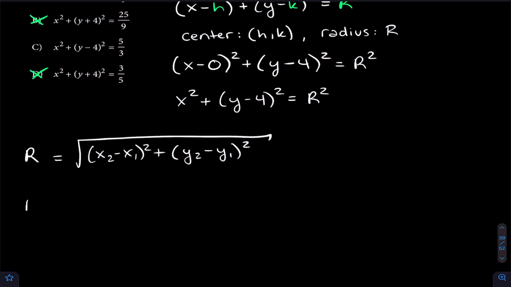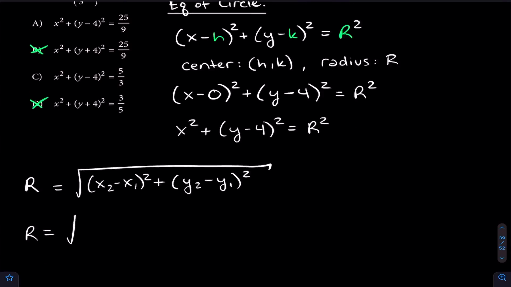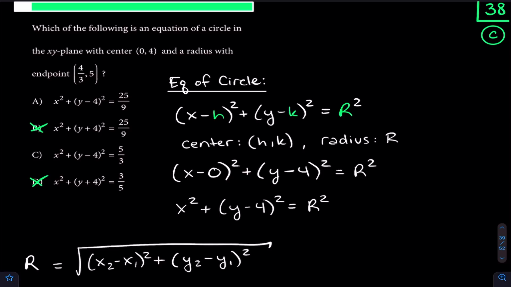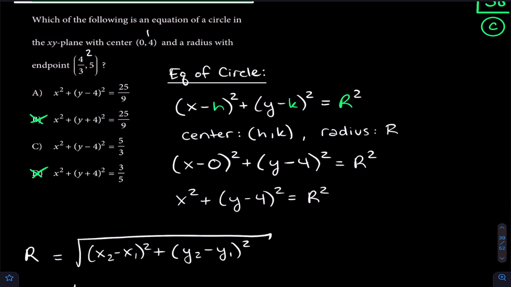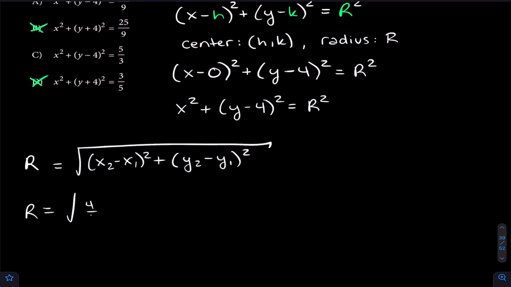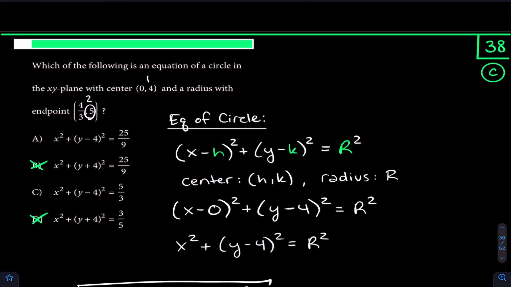So the radius here is going to be, let's call this our second point and this our first point. So for our x's, we're going to have 4/3 minus 0, and then for the y's, 5 minus 4.